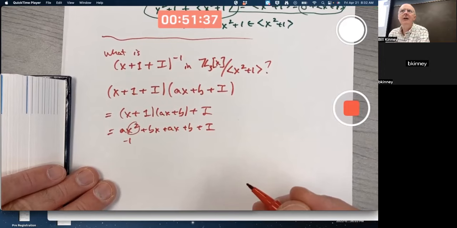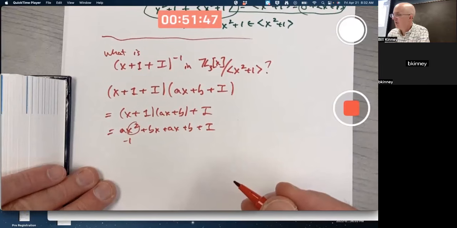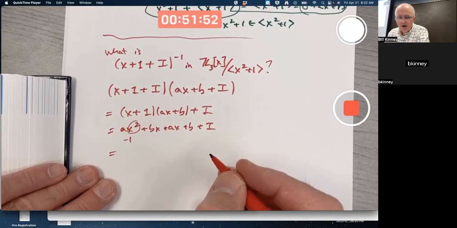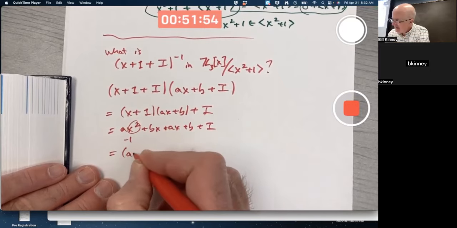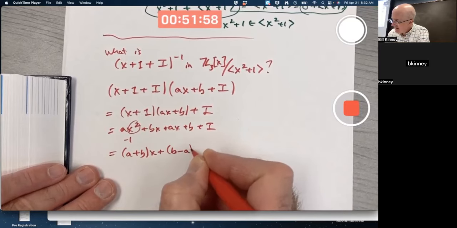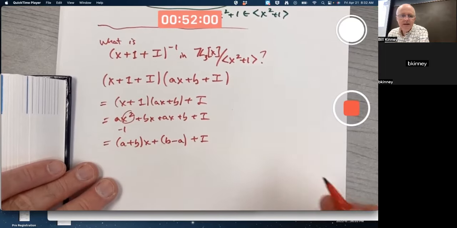It's almost like this is the complex numbers, almost, except it's finite. Maybe it's like a Gaussian integers kind of thing with finite coefficients, finite possibilities for coefficients. Replace x squared with -1, simplify. Looks like it simplifies to this, right?